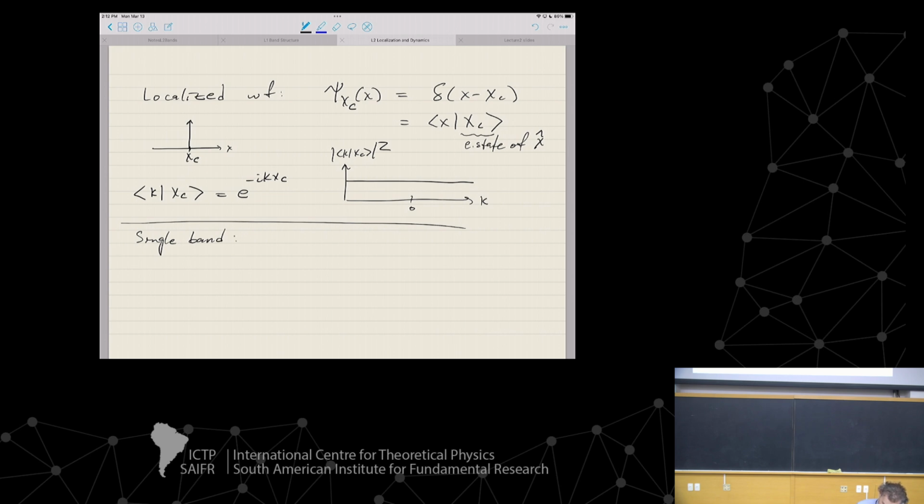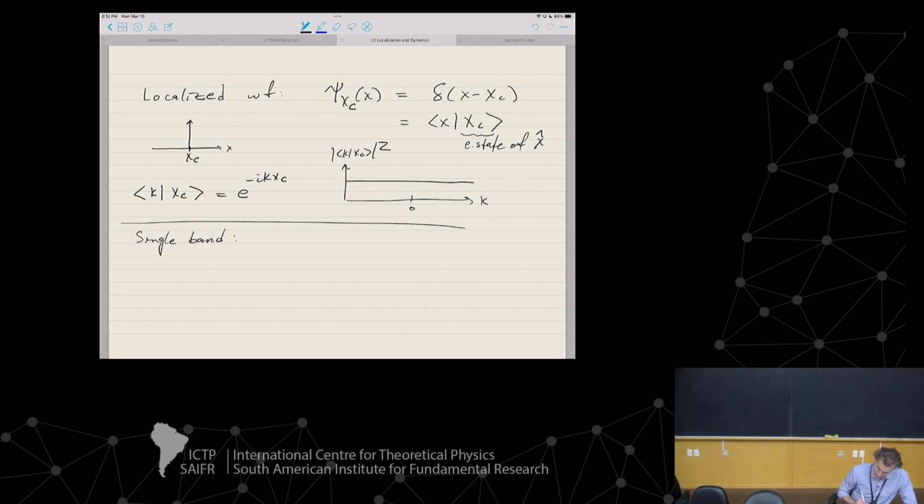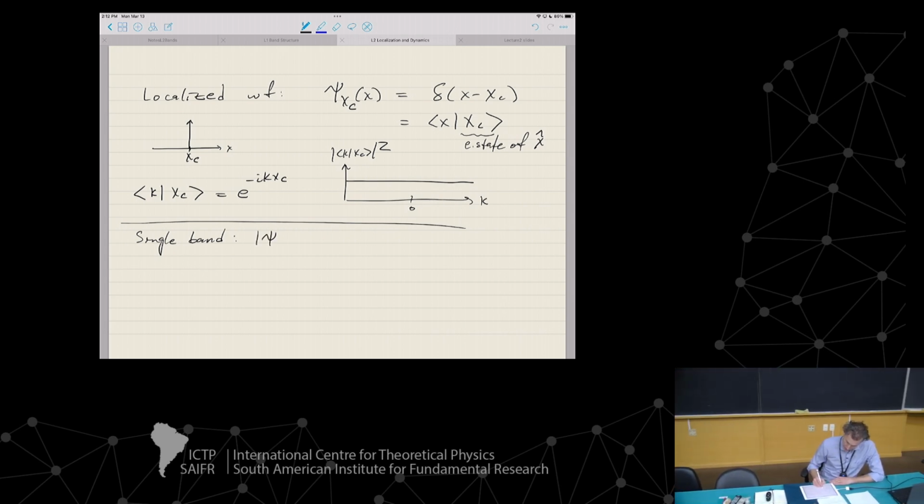Instead of writing out this kind of delocalized thing, I'm going to try a wave function localized at xc, which is now an integral from minus pi over the lattice wavelength to plus pi over the lattice wavelength dk times k states. And maybe I'm going to choose some kind of phase to weight these k states.